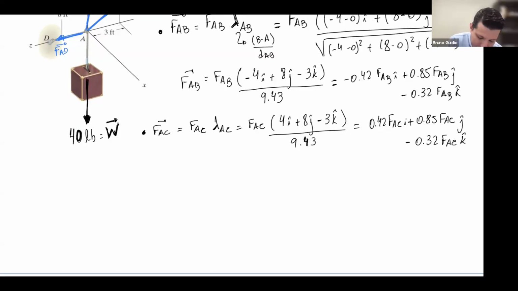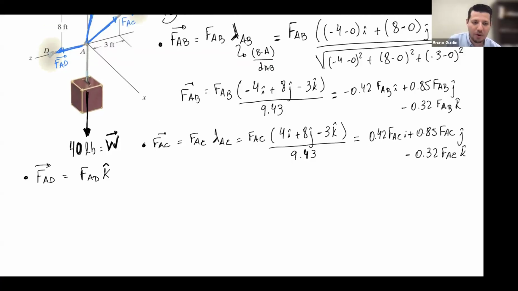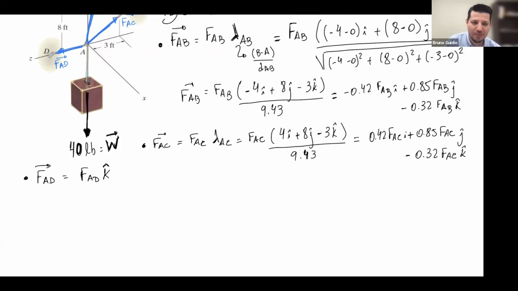And just to write here, for you to have FAD. What is FAD? As I said, FAD magnitude k hat, because that's the only component that I have in FAD.